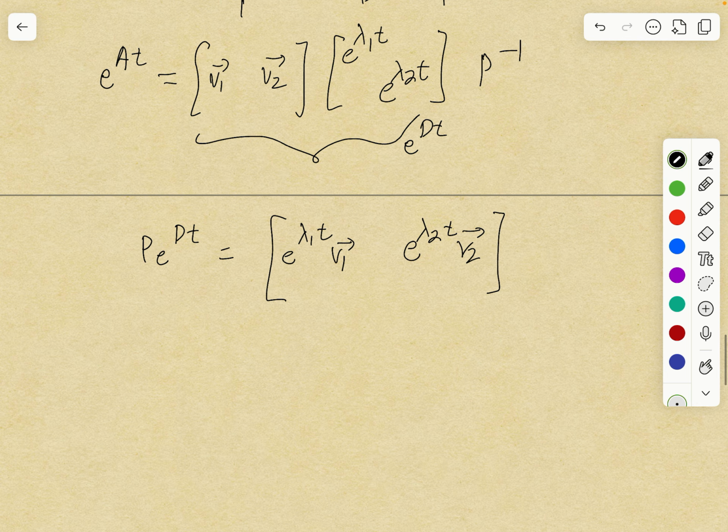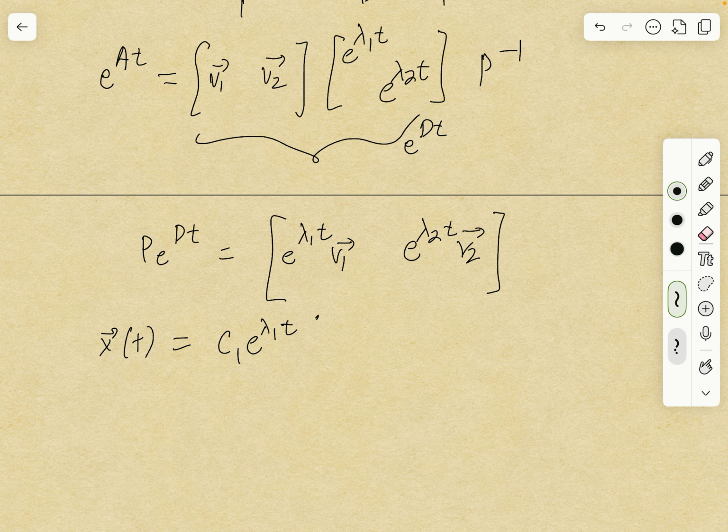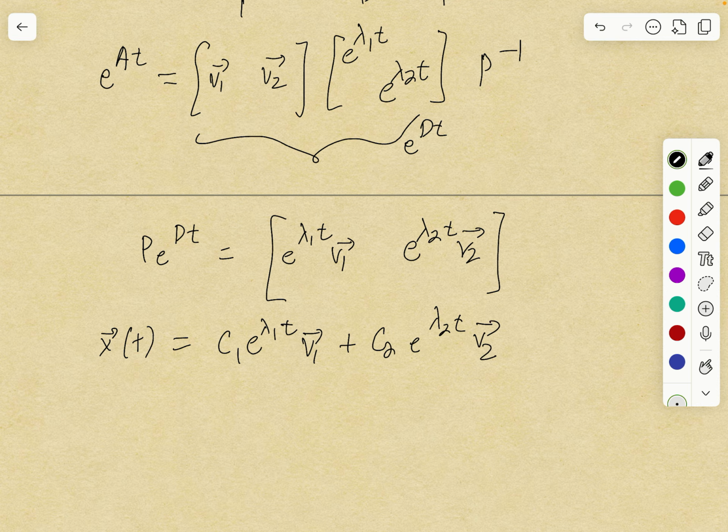So if you take the span of these two columns, you get all vectors of the form c1 e to the lambda 1 t v1 plus c2 e to the lambda 2 t v2. And this is exactly what we found before about solving the matrix equation x prime equals Ax when you have a diagonalizable matrix. So all of this basically explains how that solution is tied into the matrix exponential.